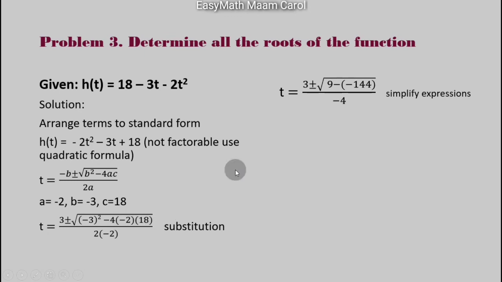The answer is negative 144. Again, there is a minus there, so it stays minus. We multiply 4ac first, so 4 times negative 2 times 18, you have negative 144. And then the denominator, 2 times negative 2, is negative 4.